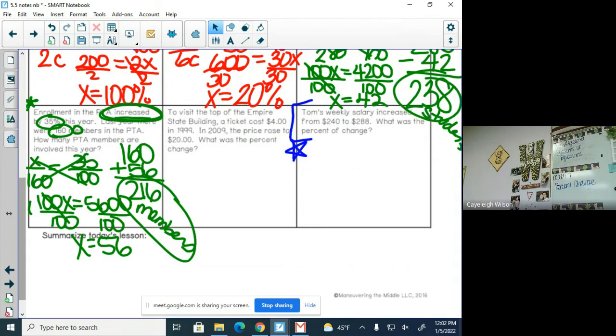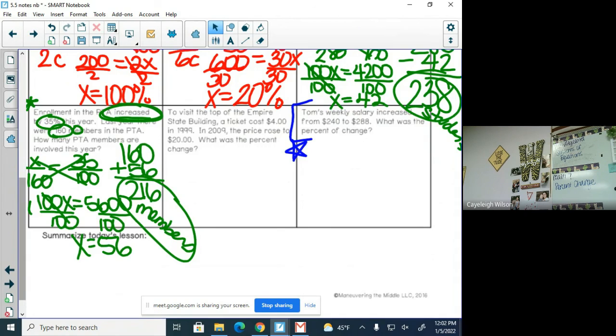Because look at the formula. It says change over original, so it changed by the percent. See, if the original's right, how much should it change from the original to the new? And that's gonna go on the top.